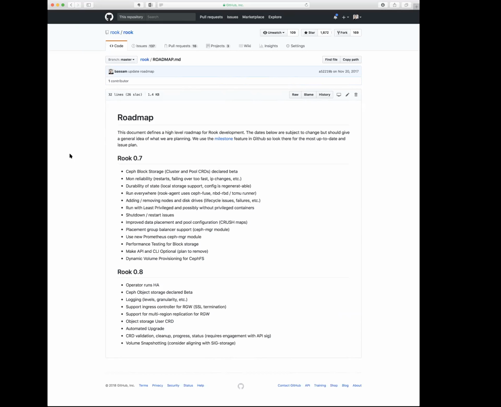Well, let me make another suggestion. Why not, for example, add a really simple NFS backend as a test for this?